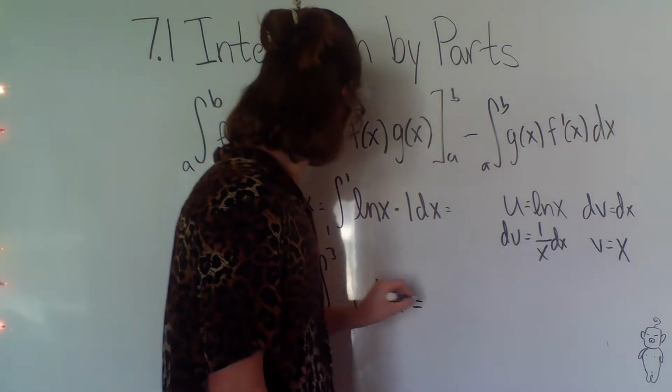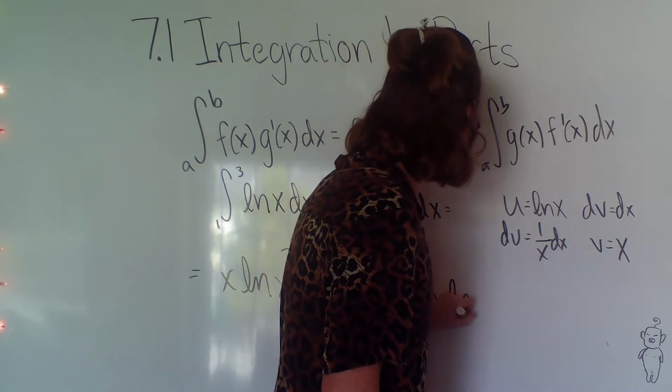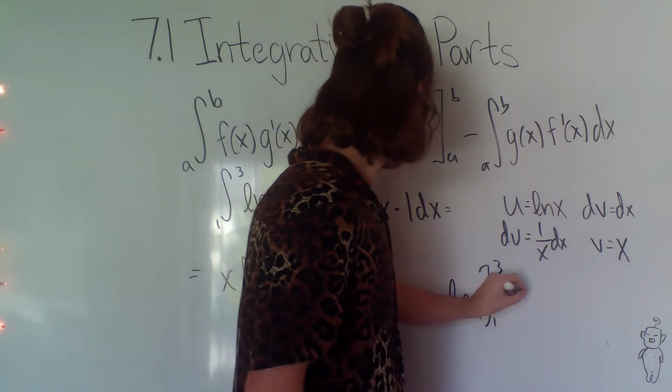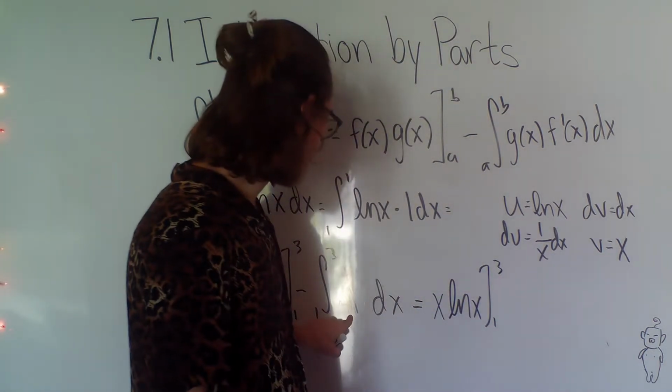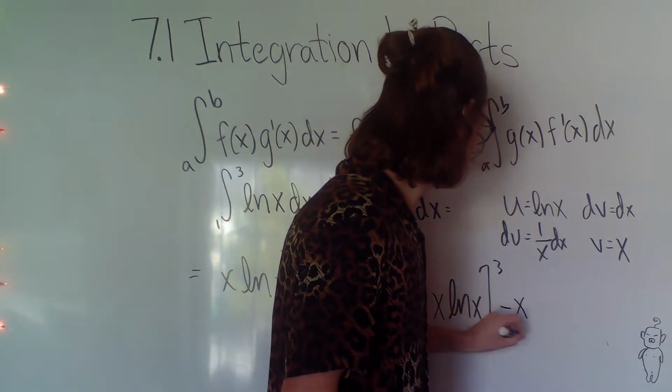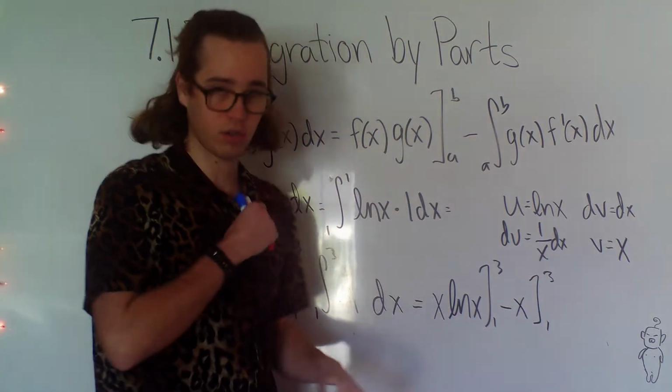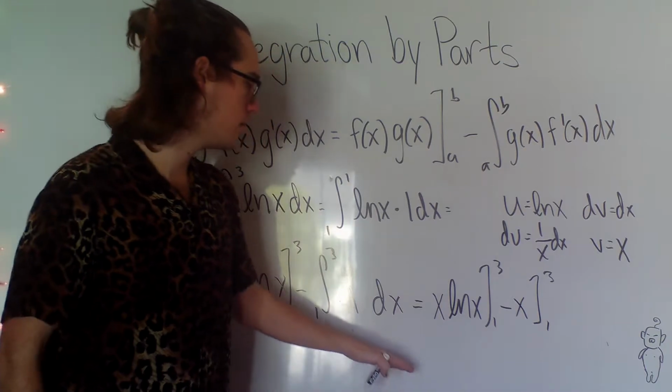This is just going to be equal to x ln x from 1 to 3 minus x from 1 to 3, because the integral of 1 is x, and we know that very well.